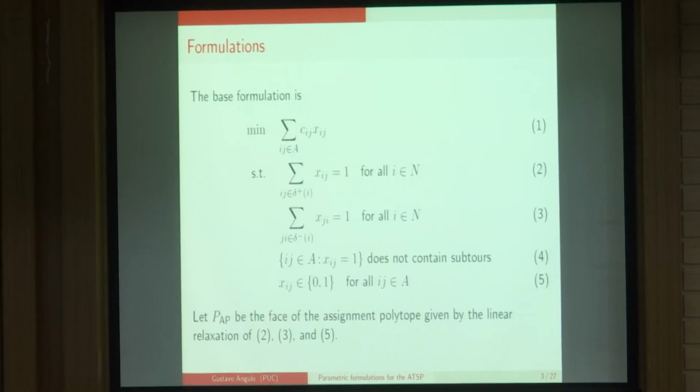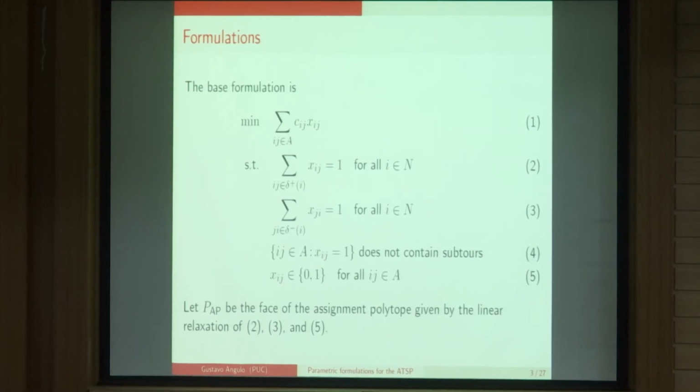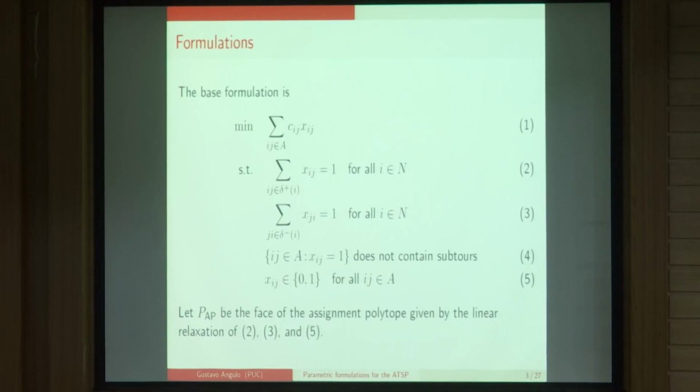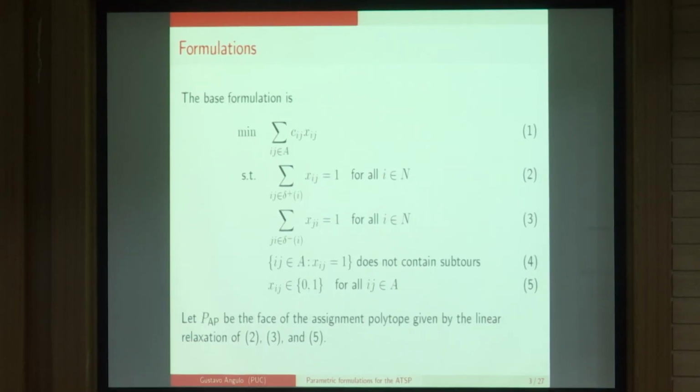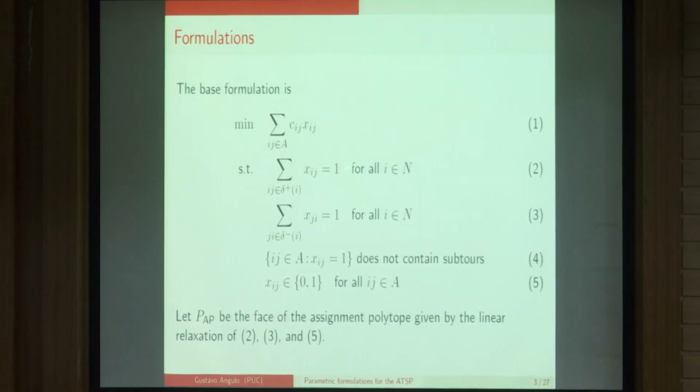The base formulation that we will consider is an arc-based formulation where we have x variables x_ij, denoting if arc ij is part of the tour. So we have the typical formulation. Here we have the objective function. We have some out-degree constraints, in-degree constraints, integrality constraints, and this part which eliminates the subtours, right?